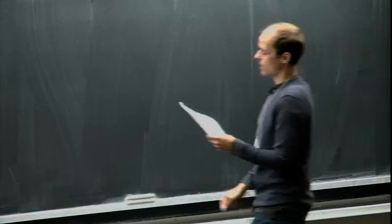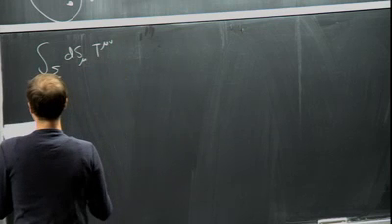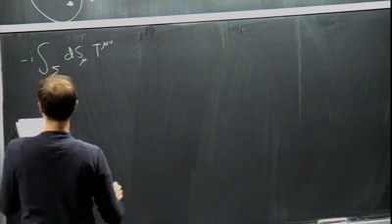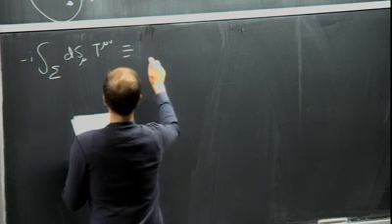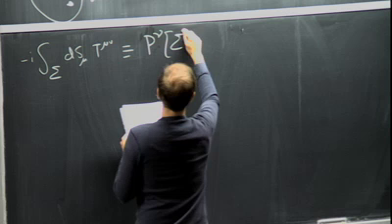Okay, so I said we're talking about symmetries. Where do symmetries come in? So it's natural to define this integral of T_μν over a surface. So I'll put in a conventional factor of minus i. So let's define this to be something called P_ν, and it depends on the surface sigma.